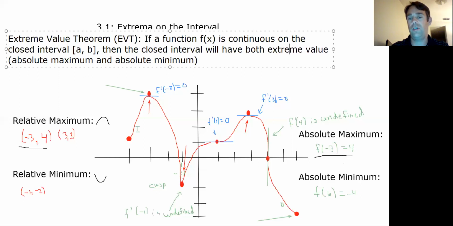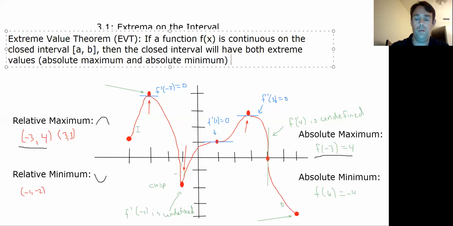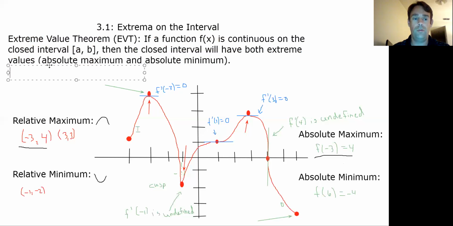So if it is a closed interval, it has to have an absolute max and an absolute min. Now, a little corollary to this, a corollary is an offshoot, really closely related to it, is this.